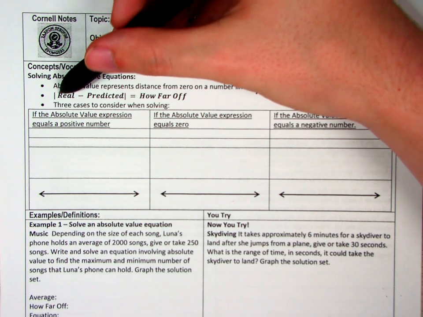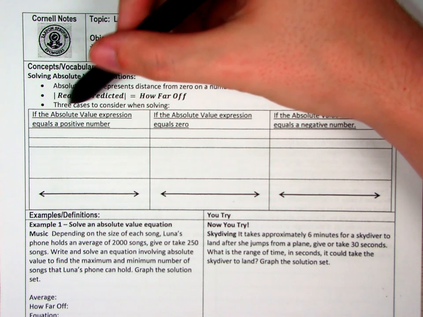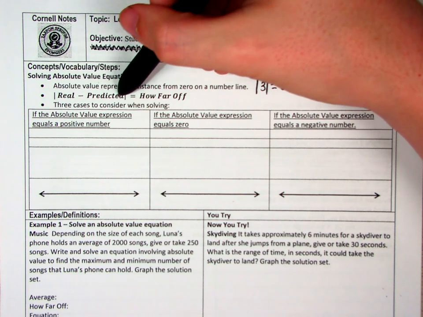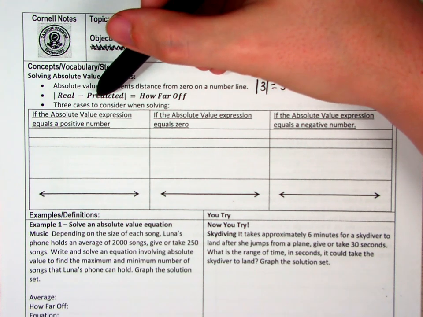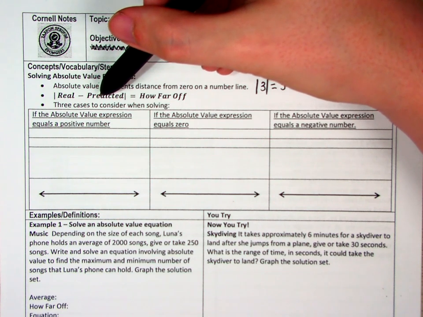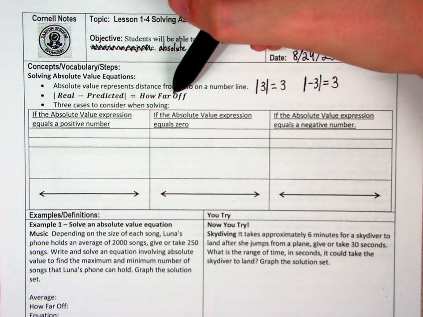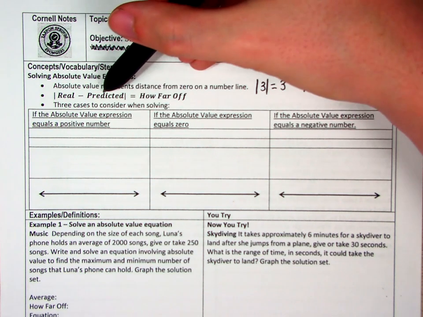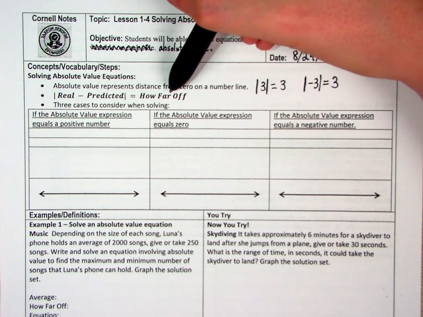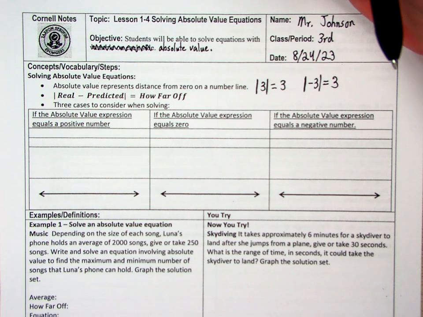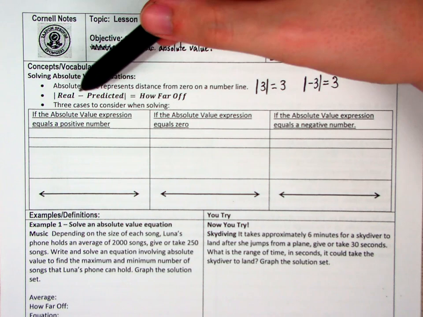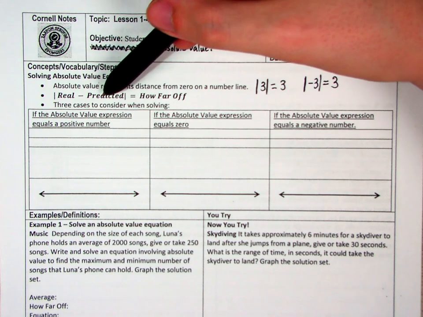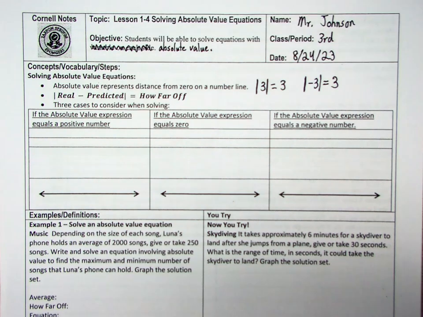We'll refer to a real amount we're actually interested in finding, a predicted amount or an average amount that we might have already known, and how far off, what's the error of our guess. Our predicted is often our average or our guess for something. How far off is how much above or below our predicted number we were.